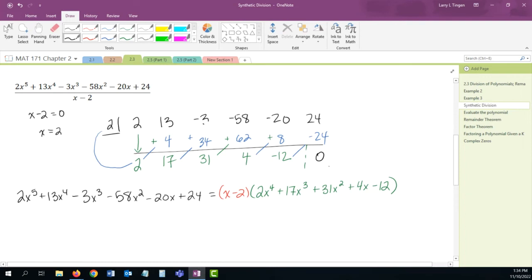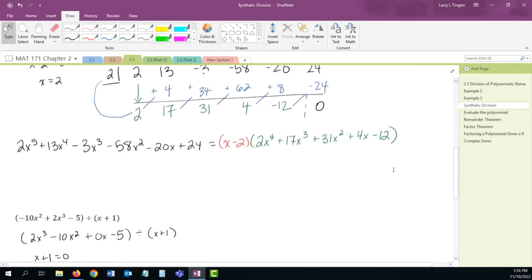So I've found out that if I get a remainder of 0, x minus 2 goes into my polynomial, meaning I'm going to end up with 2 factors of the original polynomial. And that is going to be helpful for us because all we've done up to this point is a few special cubes, and then we really focus the rest of our time on solving quadratics, solving 2nd degree polynomials.